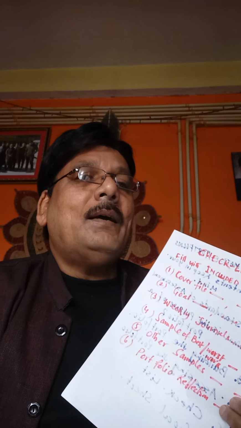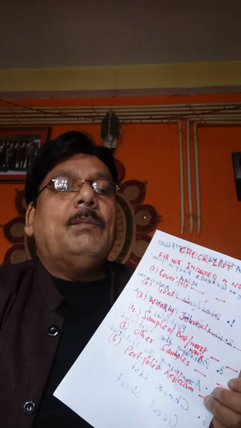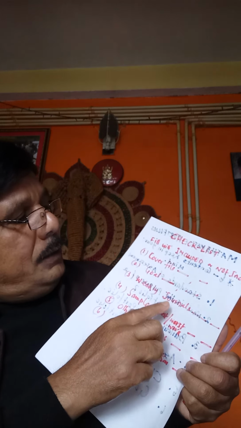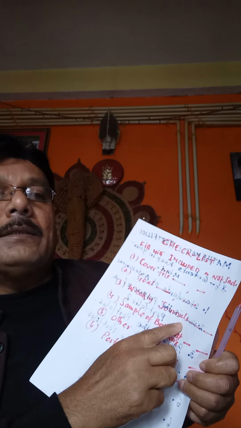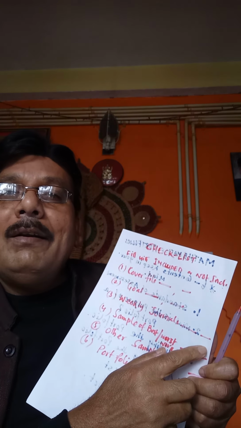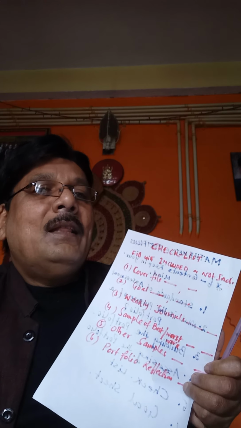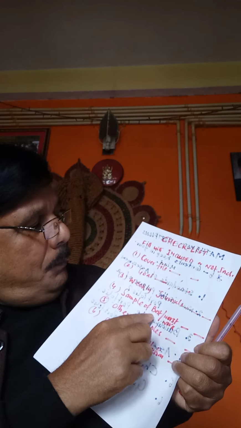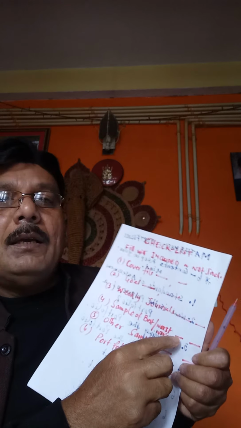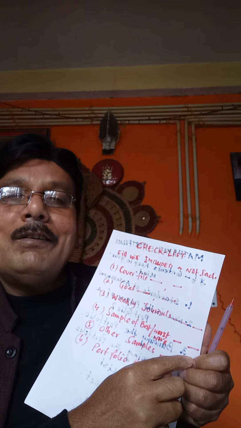Number 3, weekly journals, included or not included. Then sample of best or worst work, included or not included.